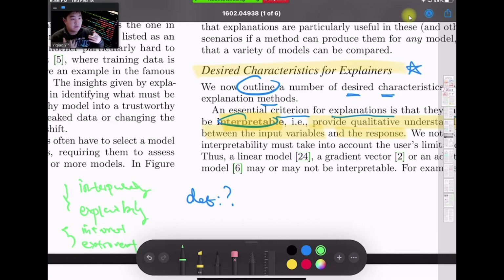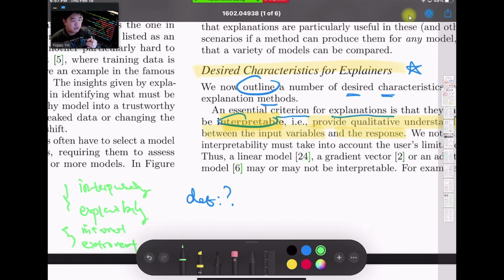Now, me personally, I'm not a linguist, right? I don't really know how to judge that part of the connection that this other paper is making, but I do believe there's a slight intrinsic difference between the word interpretation and explanation.